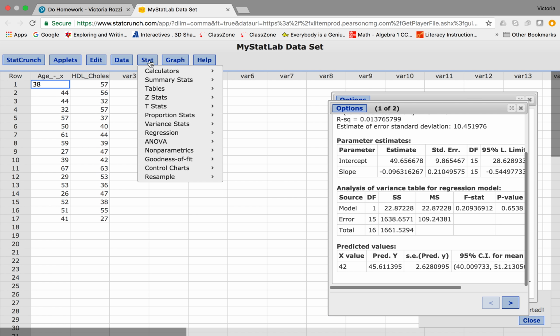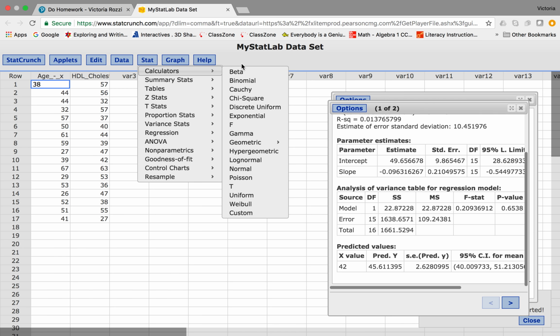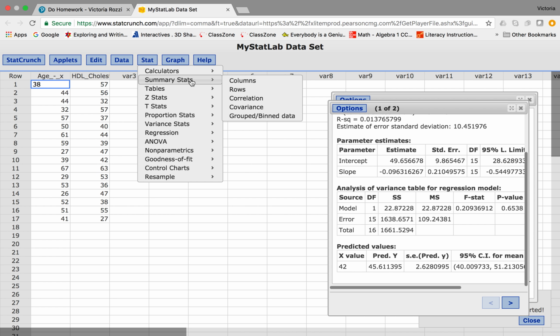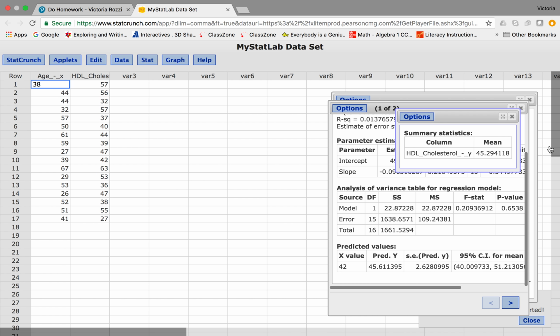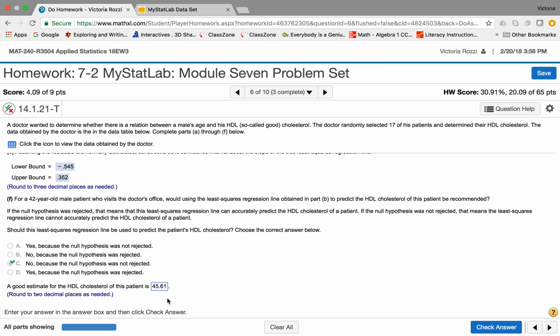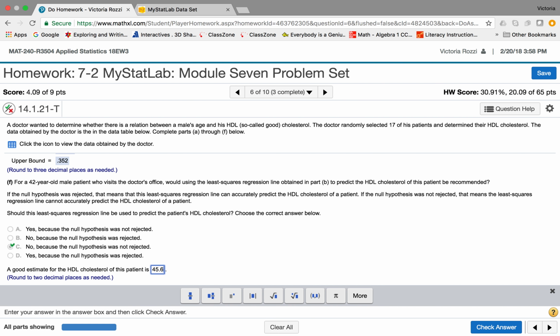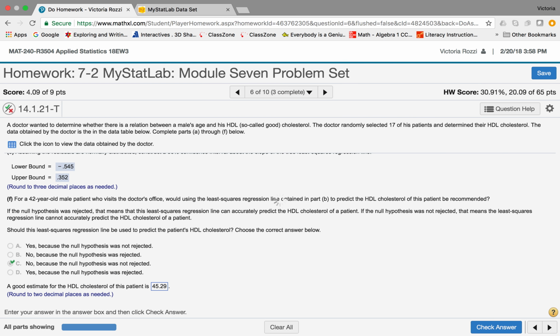If I press stat and I press calculators and I press summary stats, and I press column. Okay, yeah, I want the HDL cholesterol and I want the mean. Let's click compute here. So let's see, it says 45.29. Let's try that. 45.29.